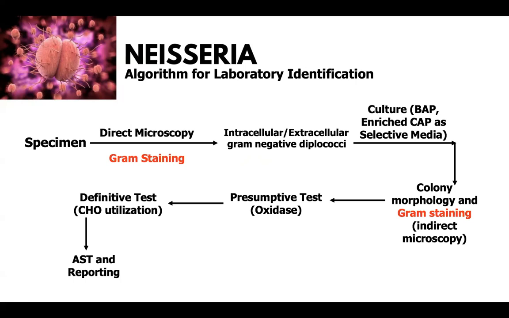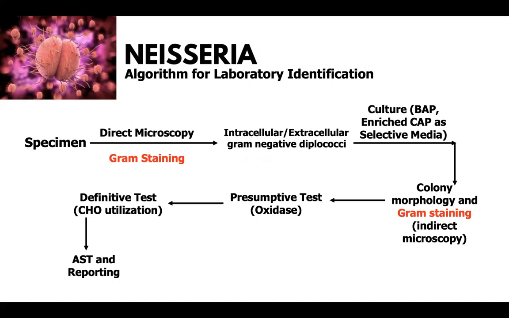After nyan, you culture blood agar plate for your meningitidis and enriched CAP as your for your gonococcus. And then, pwede ka rin ulit mag-selective media for meningococcus. So, mag-BOP and CAP ka for meningococcus. After that, incubate. And then, pwede ka ulit indirect gram staining.